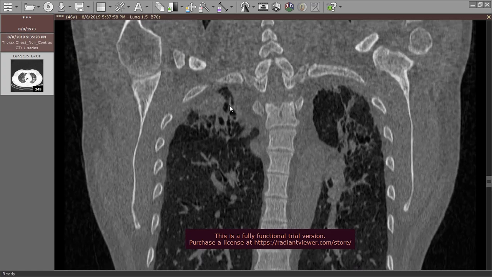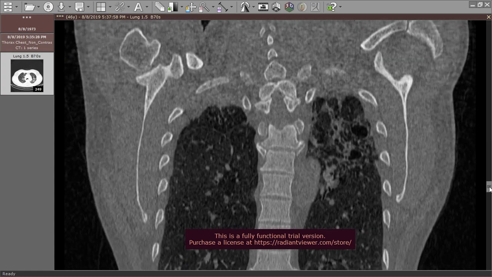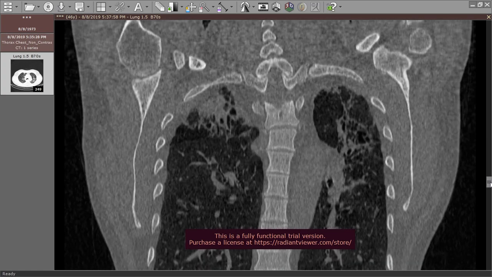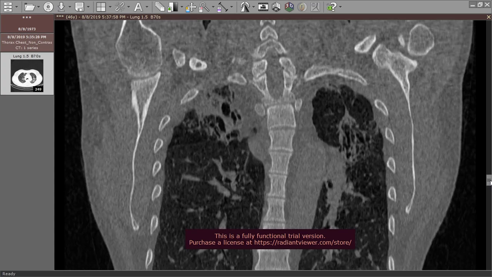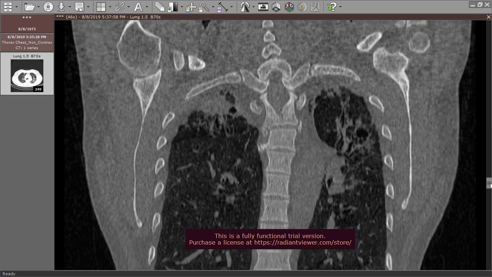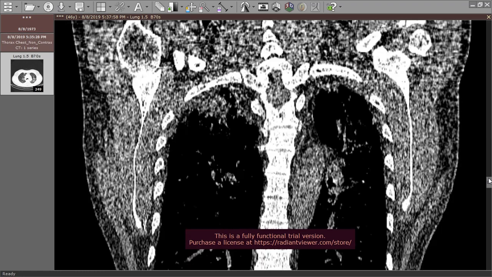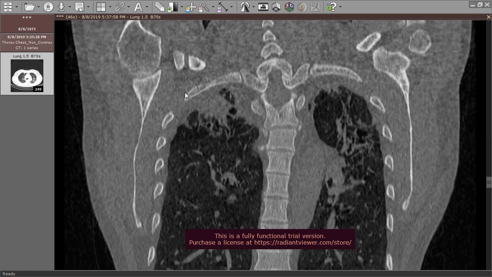If you have this consolidation, you should consider the presence of what's called scar carcinoma. It is a complication of old TB, but when to suspect scar carcinoma on the basis of CT? You can suspect scar carcinoma only if you have serial studies and you have progression in size of this consolidative patch, or if you have obliteration of the extrapleural fat plane or invasion of the overlying ribs.